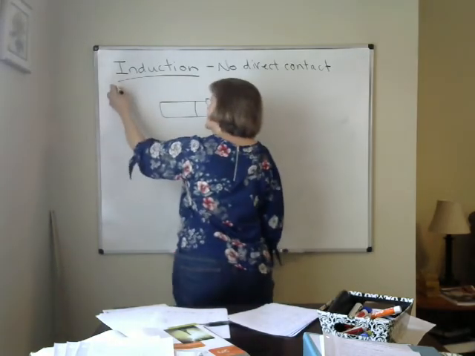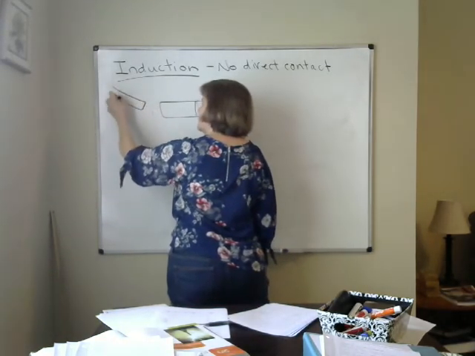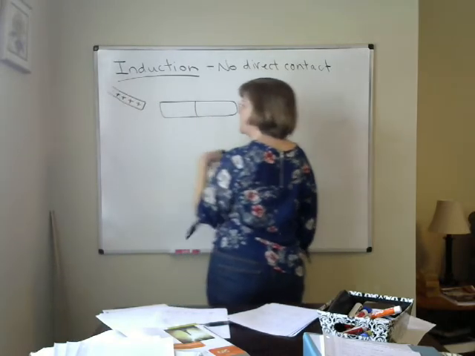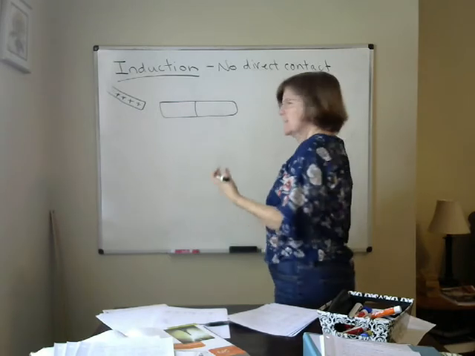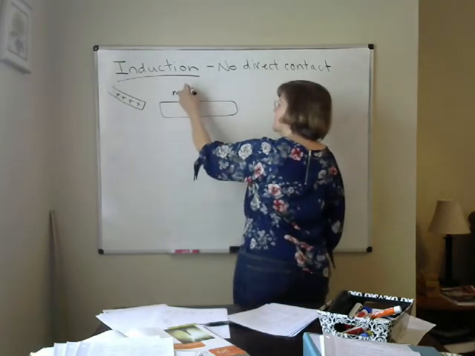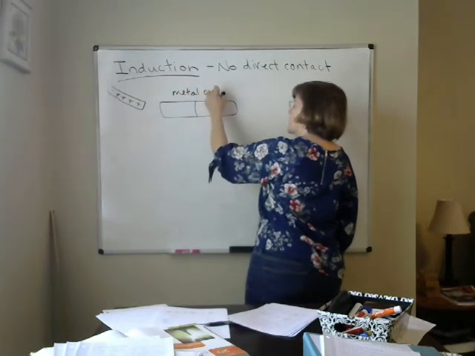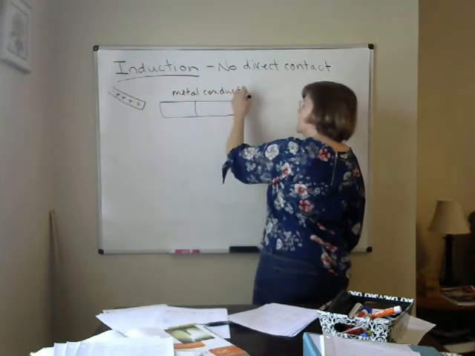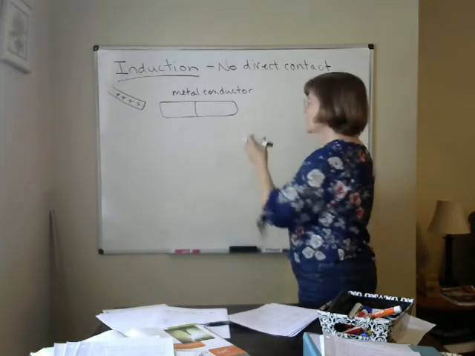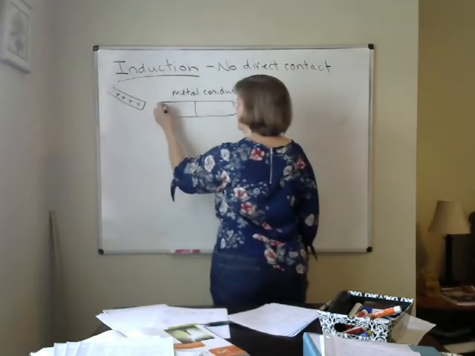If I bring something positive near it, maybe a plastic rod, but whatever it is, it's positively charged. This is a metal conductor. In a metal conductor, we know opposite charges attract, so the electrons will flow over here.